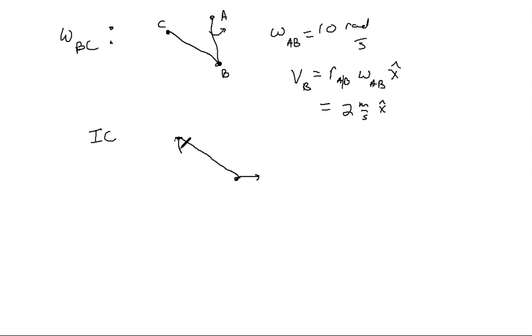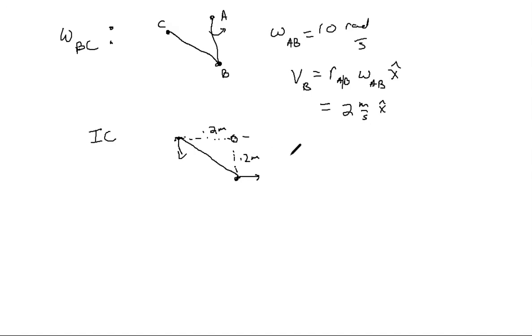I know that C can only move down. So I draw the perpendiculars, the lines of action, and they meet up here. I know that these are going to have distances of 0.2 meters.